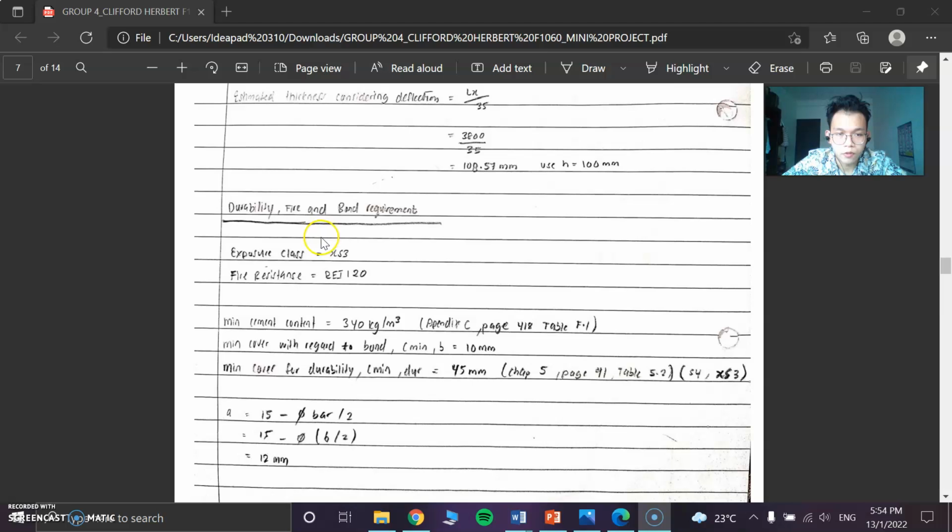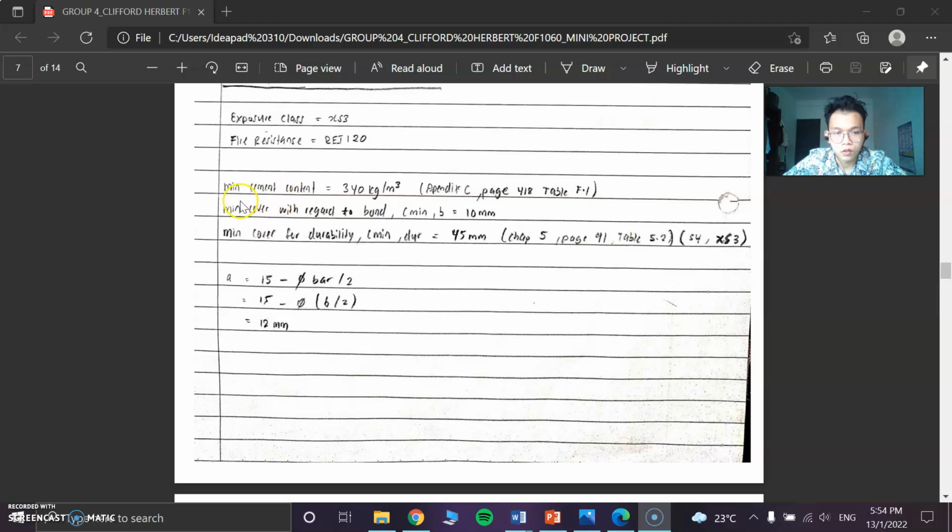For durability, fire and bond requirement, exposure class XS3 and fire resistance is 120. Minimum cement content is 340 kg per meter cube from appendix C. Minimum cover with regard to bond is 10 mm.